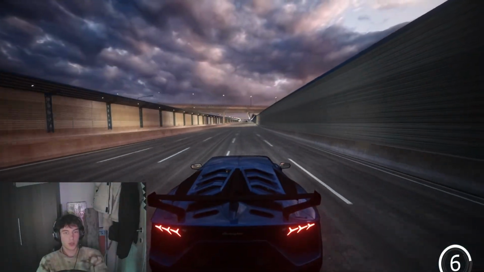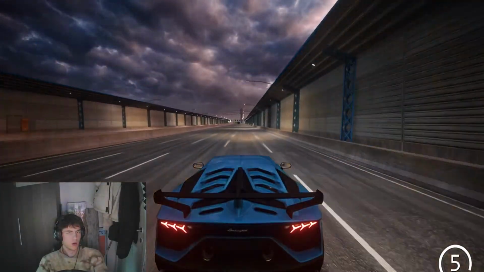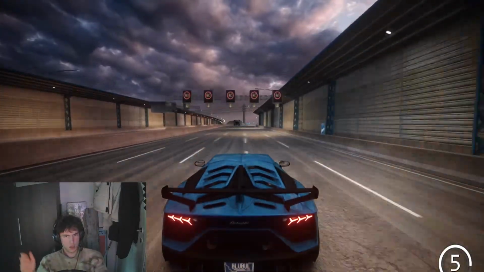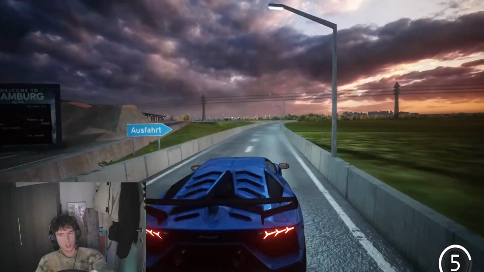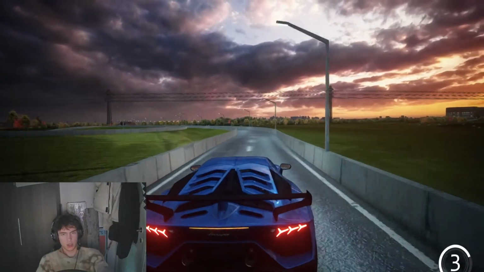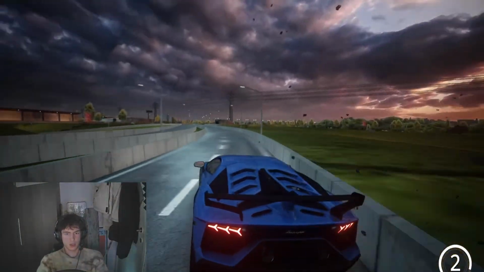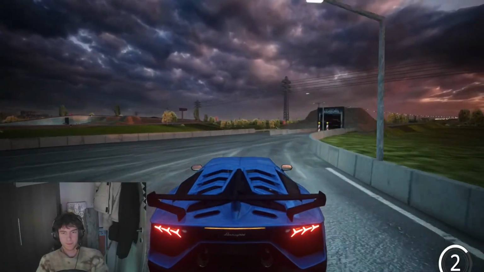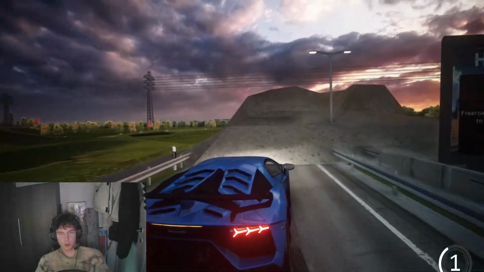Downshift? Maybe downshift? Oh shit. Shit, I have to return.